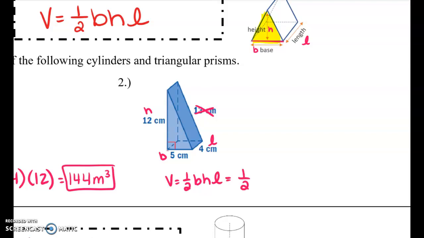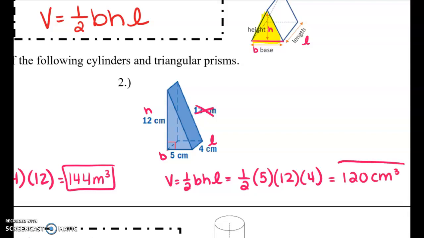So 1/2 5 times 12 times 4. So go on my calculator, 0.5 times 5 times 12 times 4. Gives me 120 centimeters cubed.